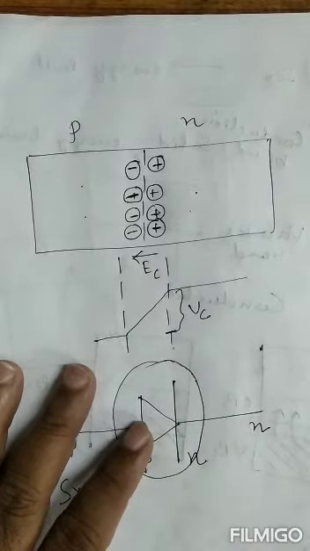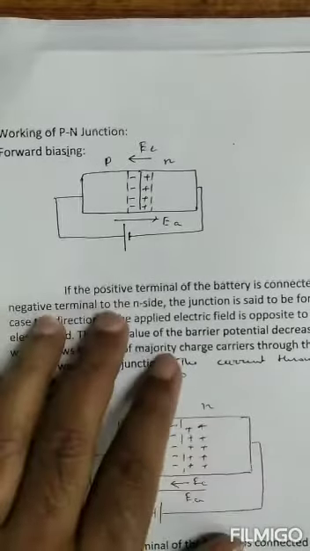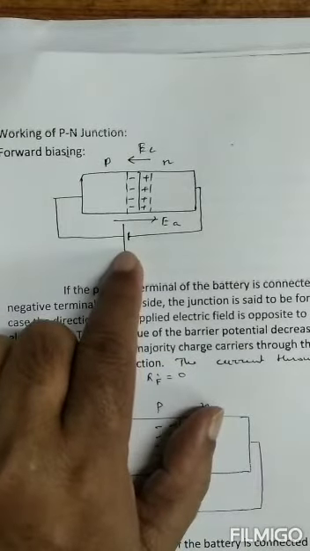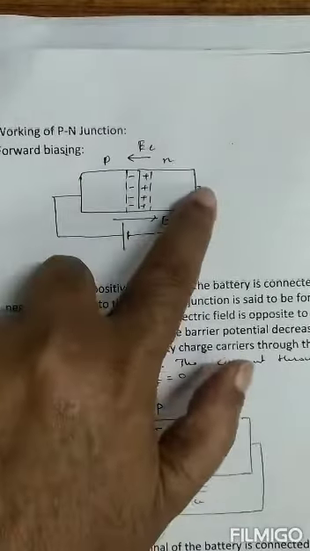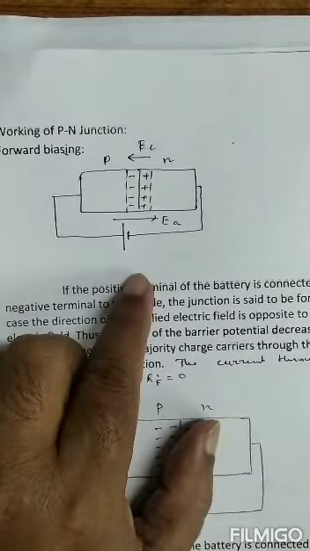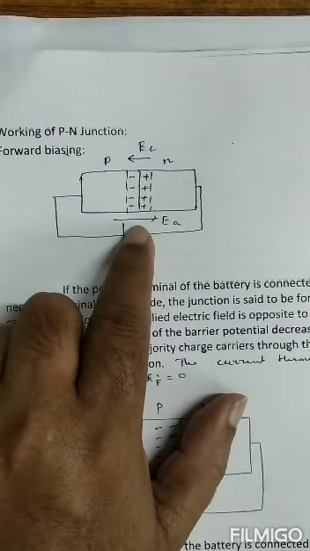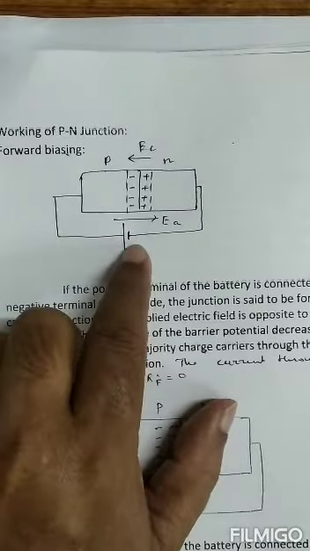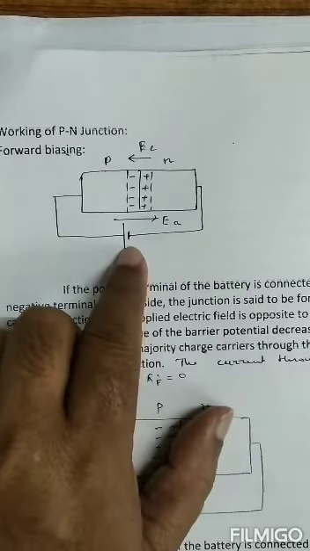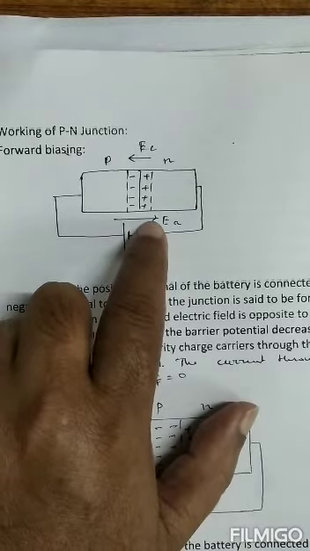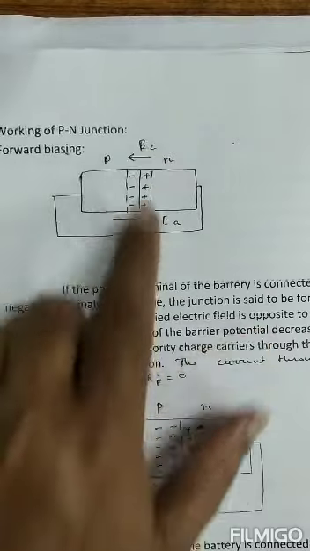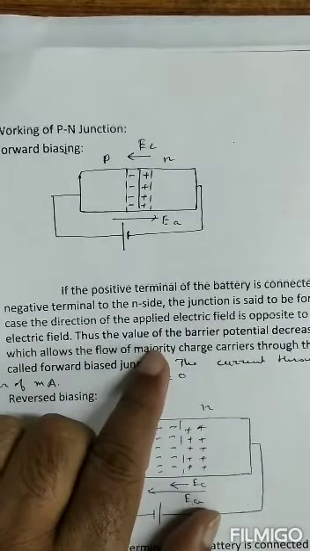equal to 0. But if the positive terminal of an external battery is connected to the P side and negative terminal to the N side of the PN junction, an electric field is created due to this external source of potential. And this external electric field is opposite to that of the contact electric field.